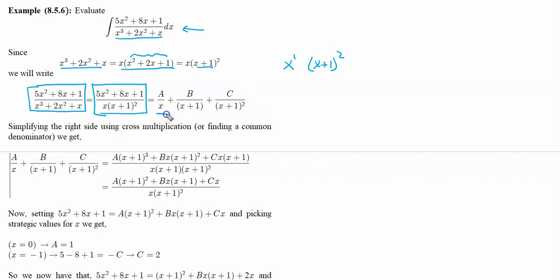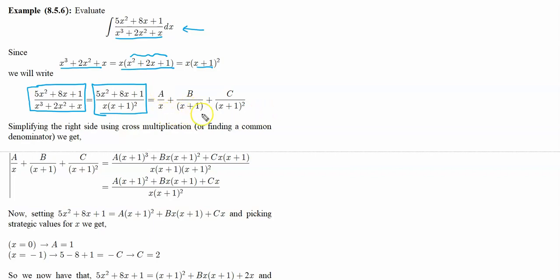Okay, and now what we need to do here is solve for A, B, and C by adding these fractions together and then setting the numerators equal to each other. Down here we do that. Notice that we can either cross multiply or just find a common denominator here.